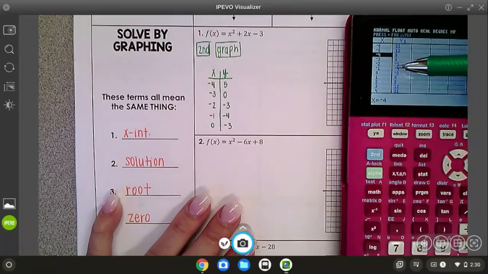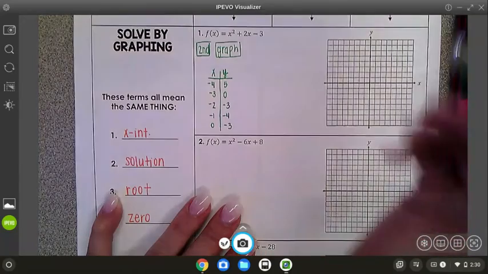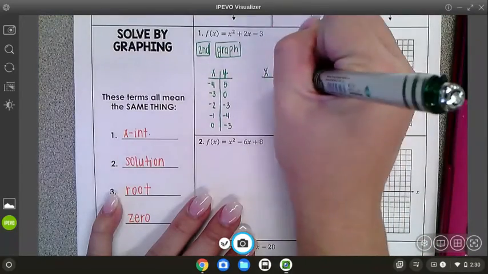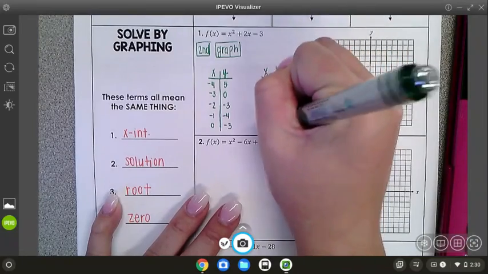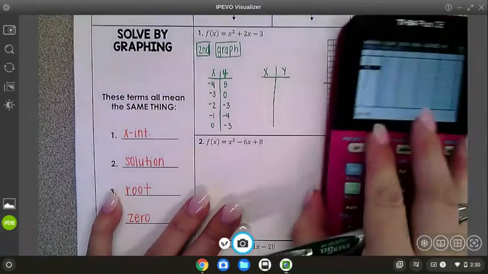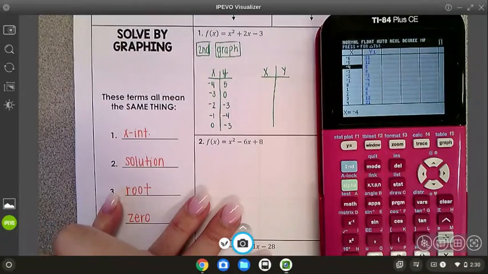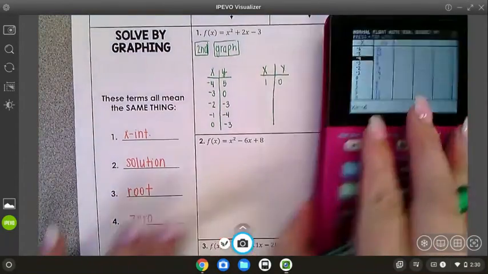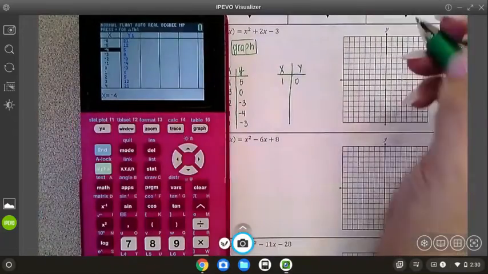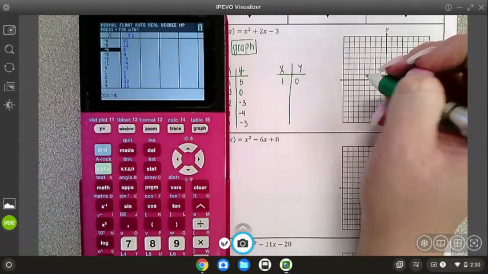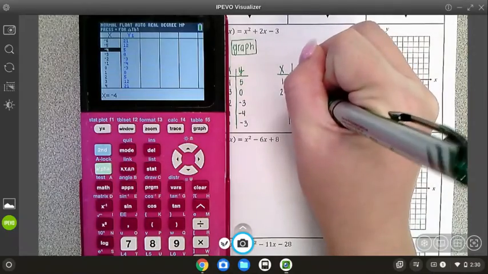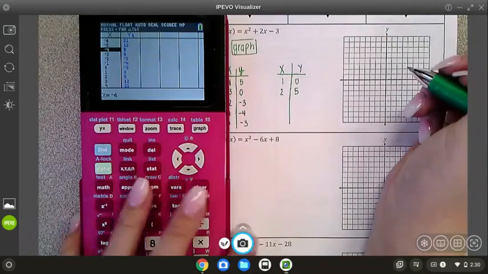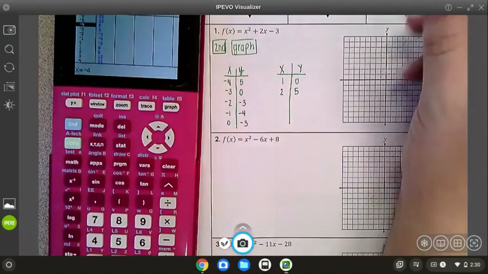I'm just going down here and writing those down. And I've run out of room, so I'm going to have to make another table. If I keep looking, 1, 0; 2, 5. And that's it. So I'm going to graph all of those.